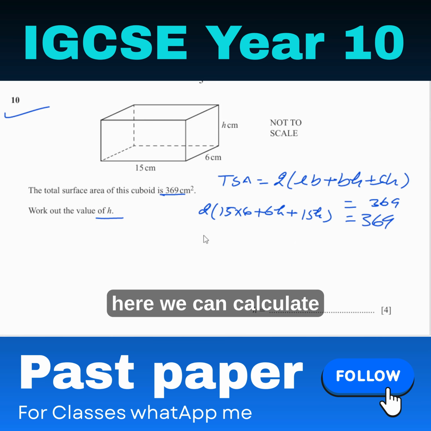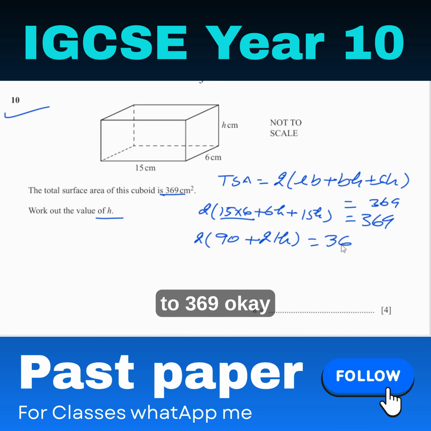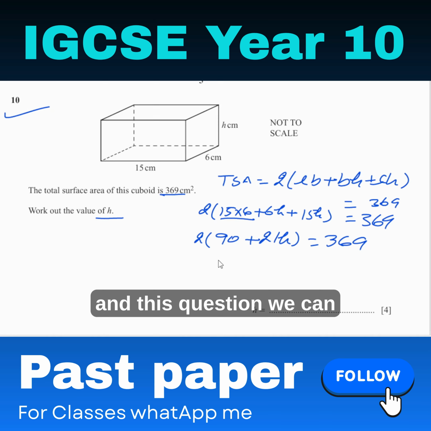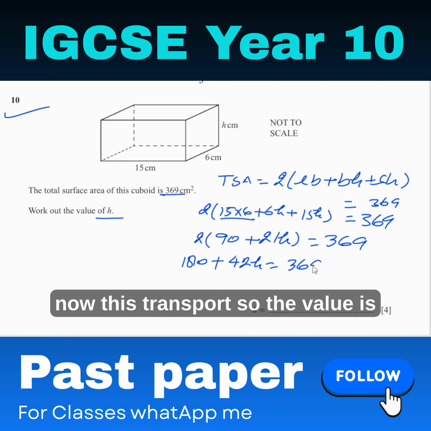Here we can calculate 96 plus 21H equal to 369. We can solve this by multiplying: 180 plus 42H equal to 369.